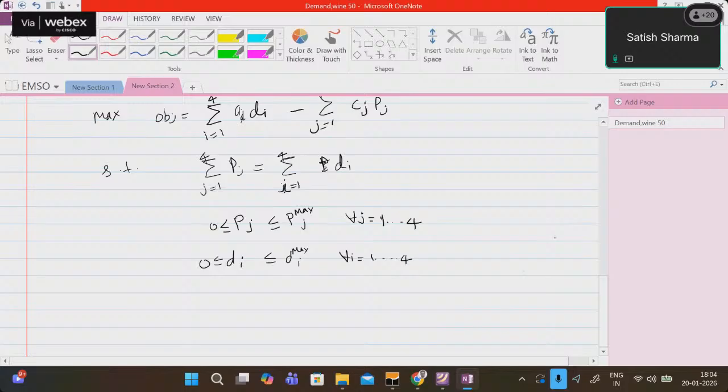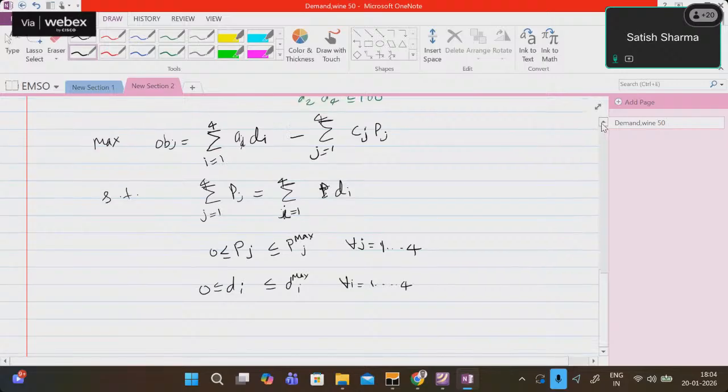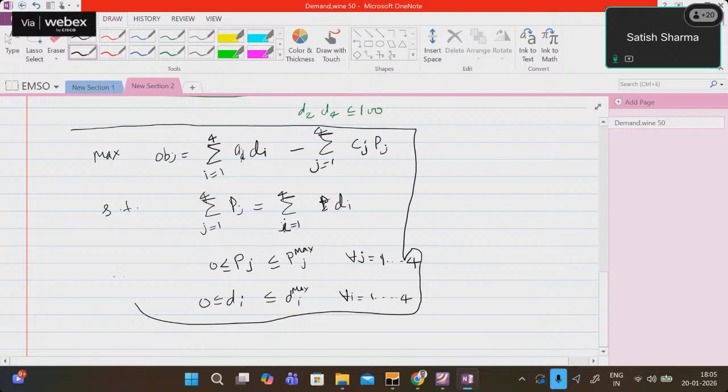So this is the other way of writing it in terms of sets. And in the next hands-on on GAMS, I will start this one, just like we have written a brute force method for this market clearing.